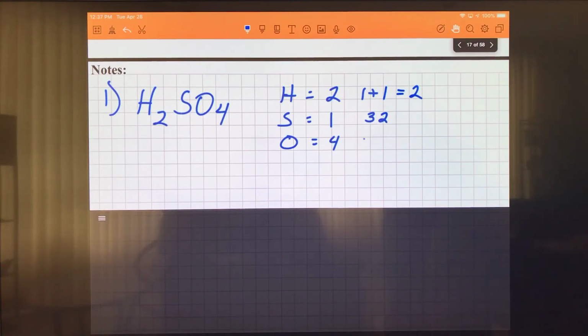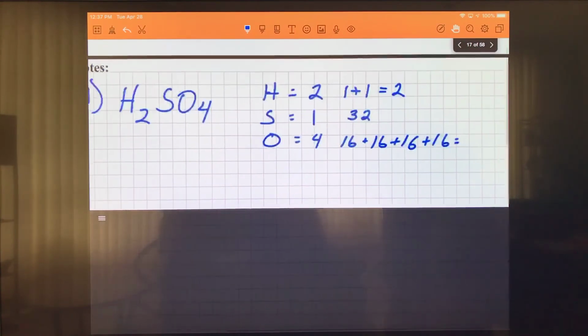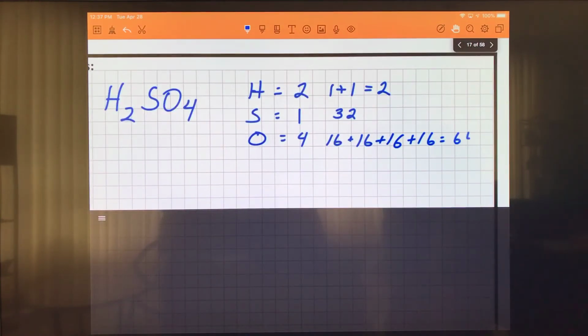And oxygen, there were 4 of them, so 64 grams. I'm going to take that number and that number and that number and add all those up together, and I get 98 grams for 1 mole.